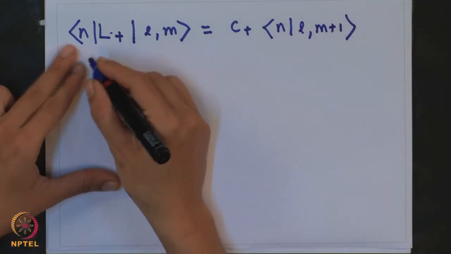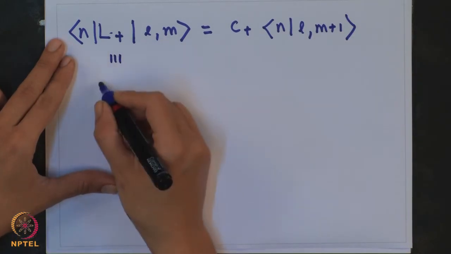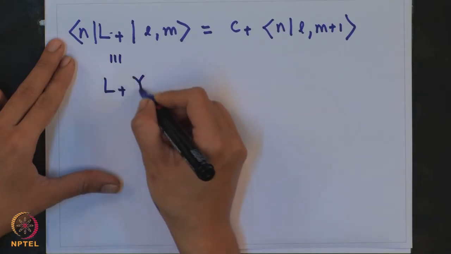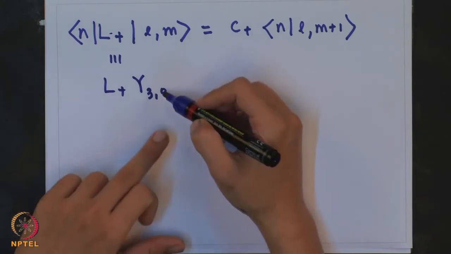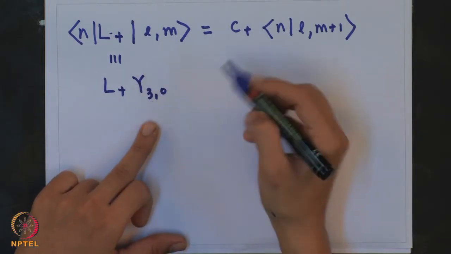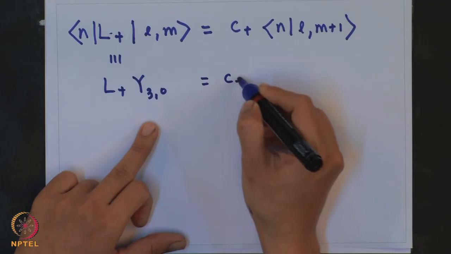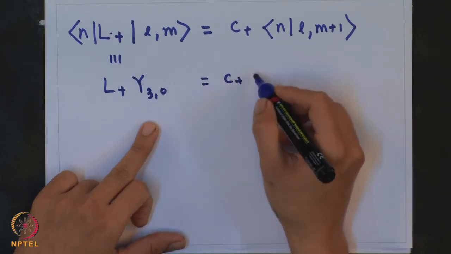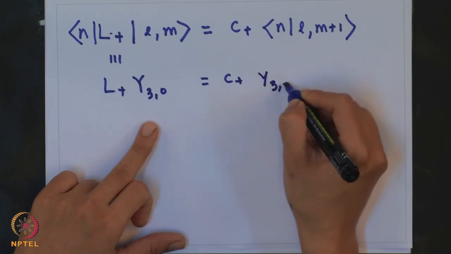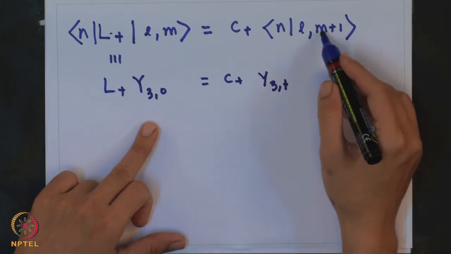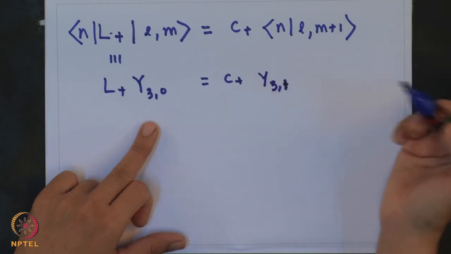This is equivalent to writing L plus psi 3 0, where m is 0 and L is 3, will become C plus times psi 3 1, since 0 plus 1 gives 1.